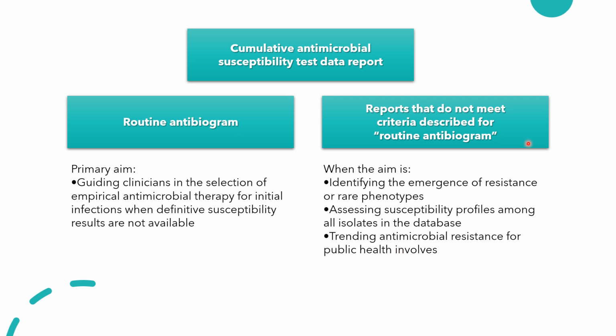If the resistance is very high recently, it means that there is a trend in antimicrobial resistance, and this is very important for public health, because the patients harboring this Pseudomonas, or for example E. coli which is an ESBL, are coming from the community. So it is very important for public health to know this trend in antimicrobial resistance. So from this slide, what I want you to remember is that the cumulative antimicrobial susceptibility report can give you either a routine antibiogram or out-of-routine information.